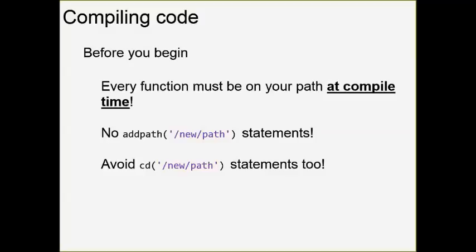So it could be the case that your code runs just fine, it doesn't run into any issues where it doesn't know where a function is, but then you try to compile it and it doesn't run properly. You could get lucky, you could run it once, and everything gets added to your path, and then after that you compile it and it's okay, but then the next time you fire MATLAB up, you try to compile it before you run it, then it's not okay. It's better off just to have everything on your path and know it's there explicitly.